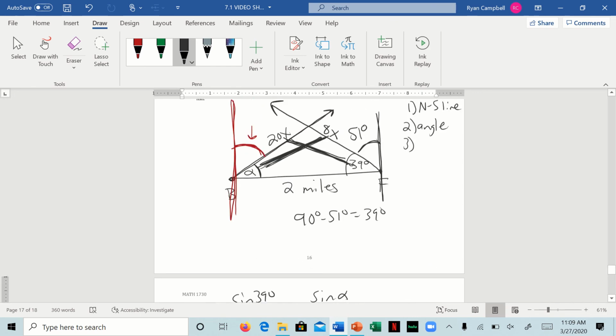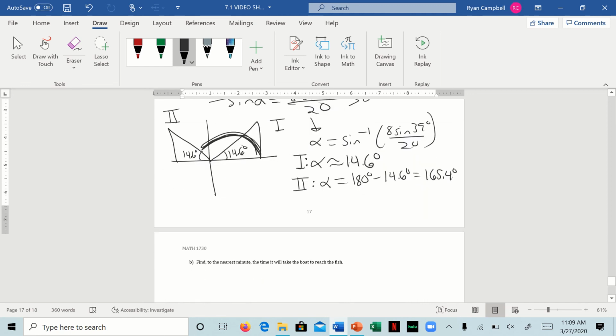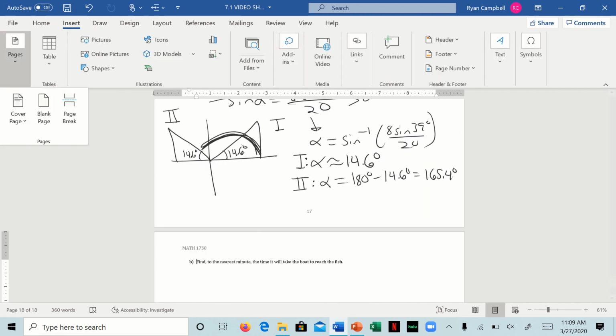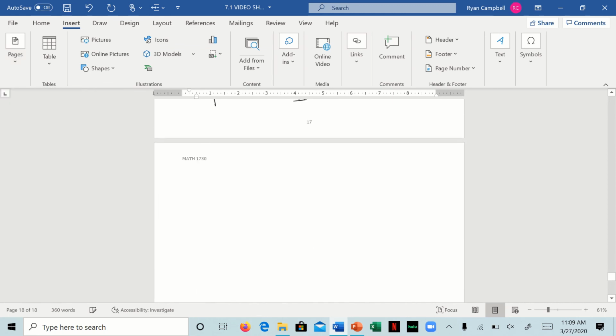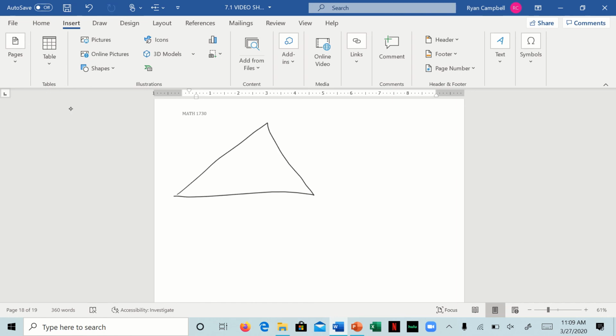All right, so we got two different angles now. So if we look back at our triangle, if this was the second one, 165.4, and this was 39, does this triangle make any sense?